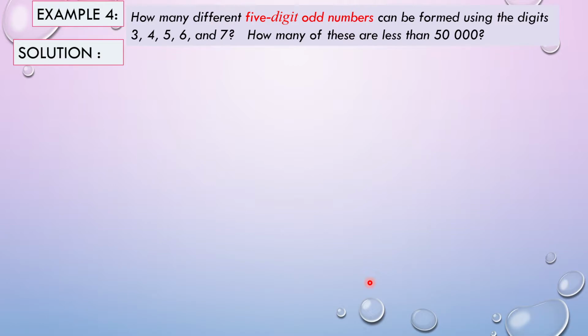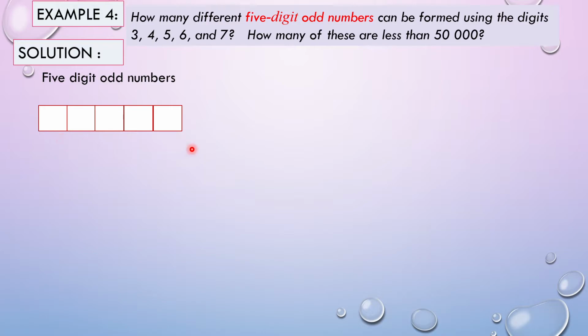Example 4. How many different 5-digit odd numbers can be formed using the digits 3, 4, 5, 6 and 7? That is the first question, followed by how many of these are less than 50,000. Now let's find the total arrangement for 5-digit odd numbers.